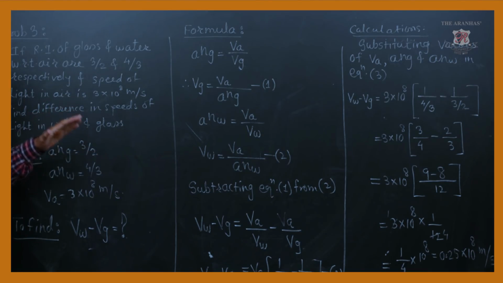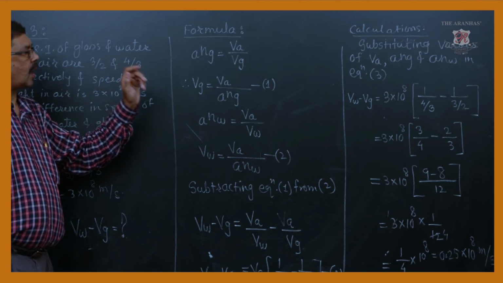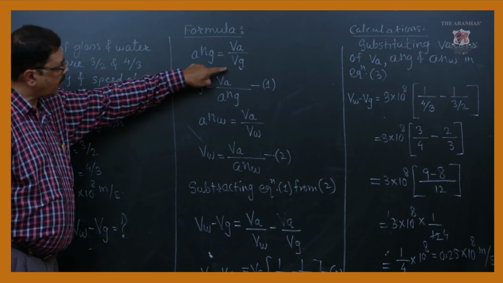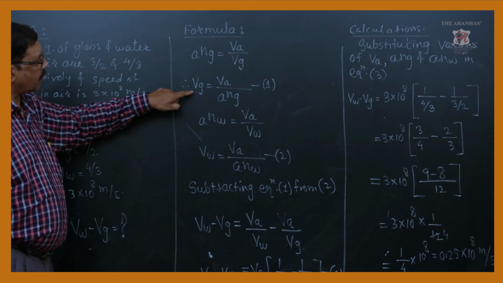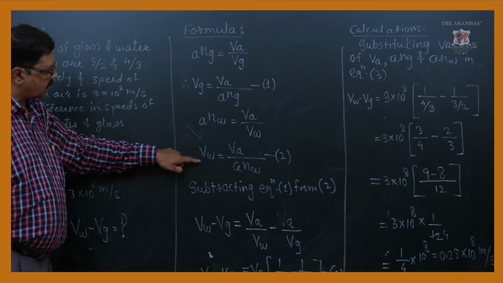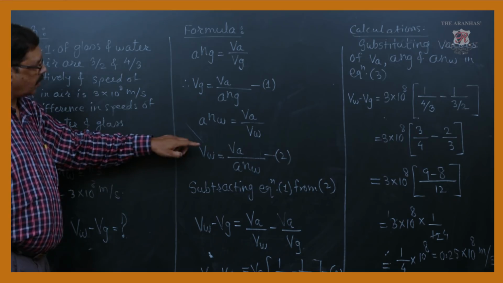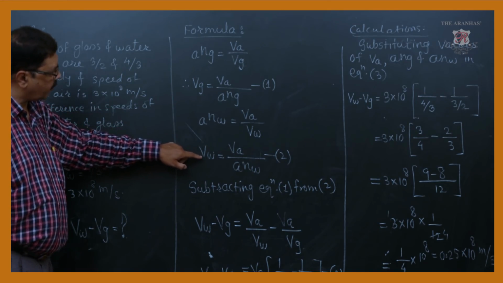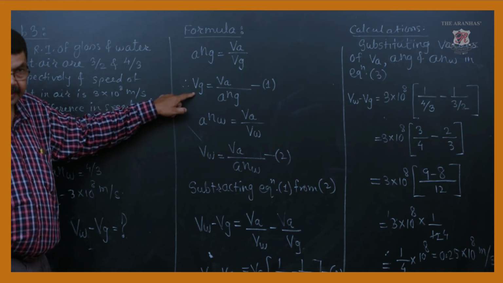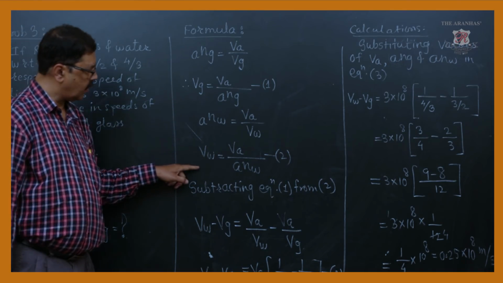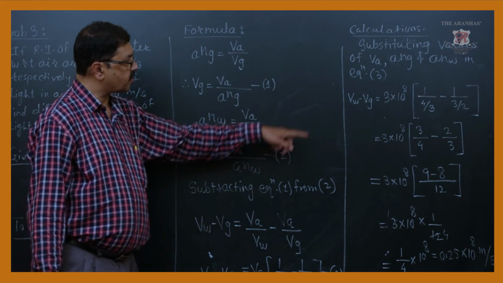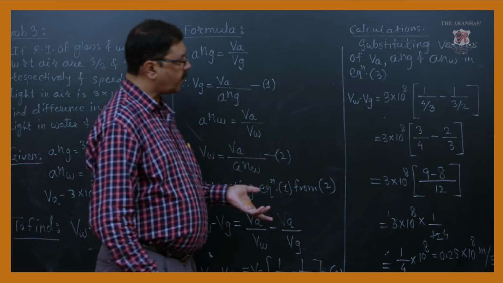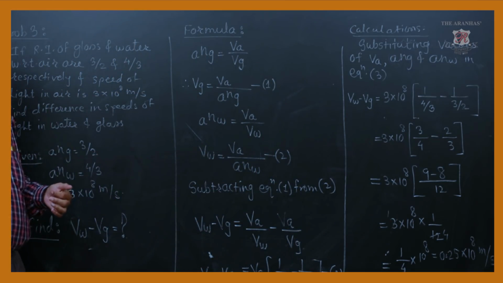Write the data given, write what you want to find out, start using the formula for refractive index of glass, generate the formula for refractive index, speed of light in glass, similarly speed of light in water, subtract the first equation from second so that you get VW minus VG, which is the desired quantity which is required. Then substitute the values and carry out the calculations. So this is the way these numericals can be approached.